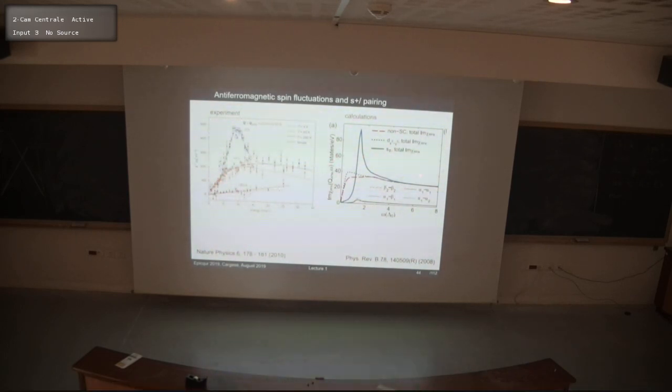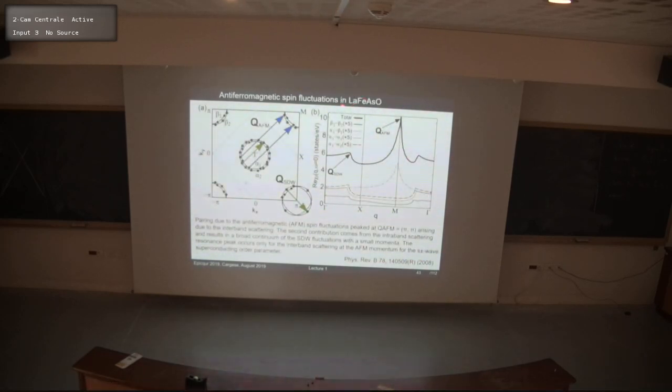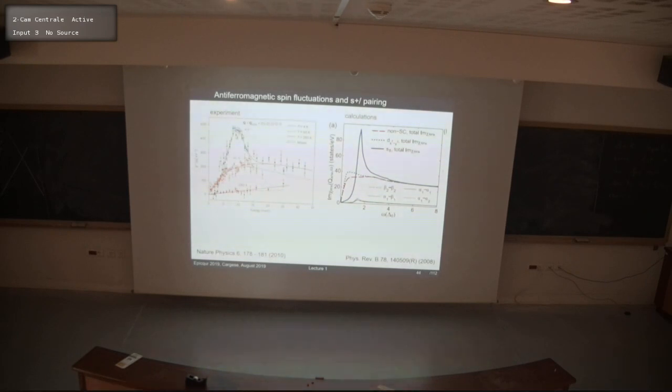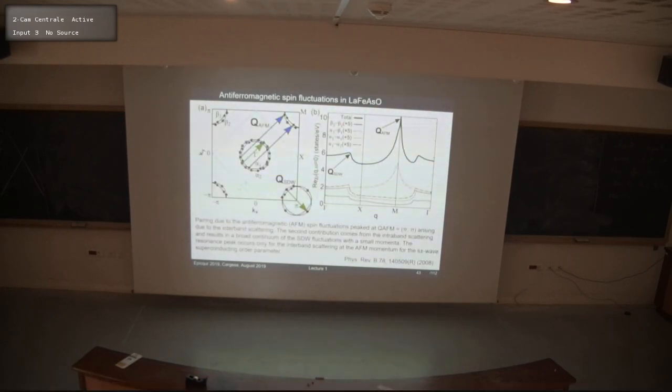I'm not sure if this is particular for the same system, because obviously I think this is for lanthanum iron arsenide, and potentially the experiments are on the barium compound. So there are some discrepancies between systems, but what's similar about them is that they have a hole and electron. So there's this picture that you always have the hole and the electron present.